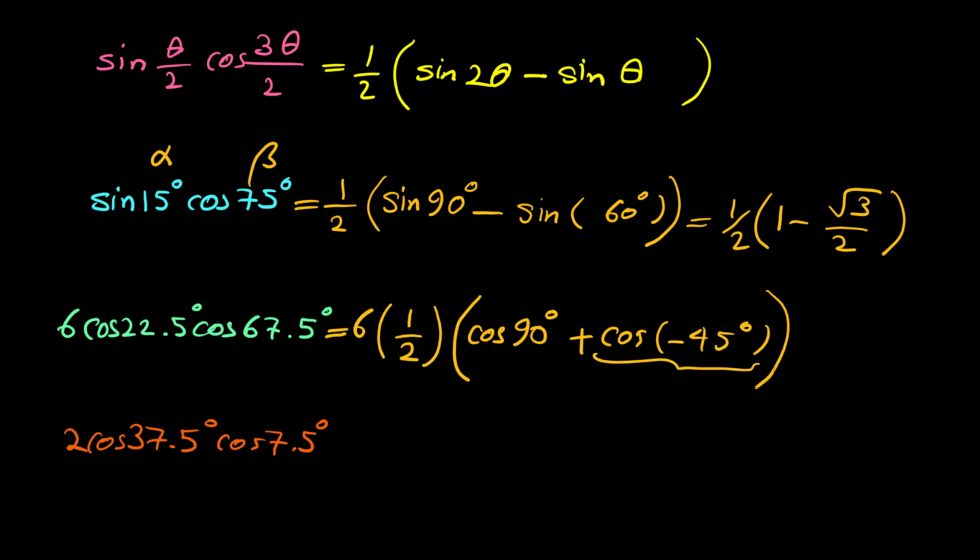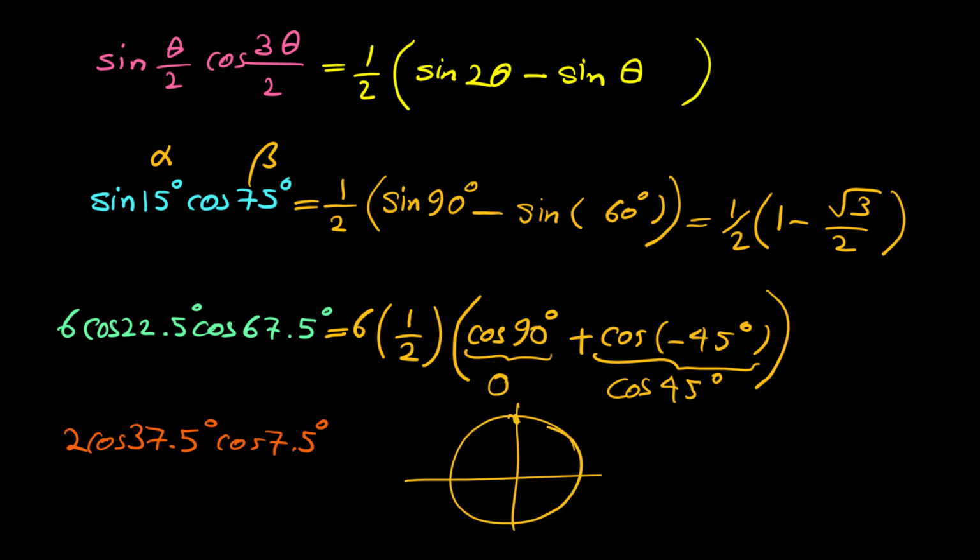So this is like cosine of 45 degrees because cosine is an even function. Now we have to find the value of cosine of 90 and cosine of 45. Cosine of 90 degrees is 0. Remember the unit circle? 90 is here. And cosine of 90 degrees is 0 because cosine is the x value, and at this point the x coordinate is 0. Cosine of 90 degrees is 0.